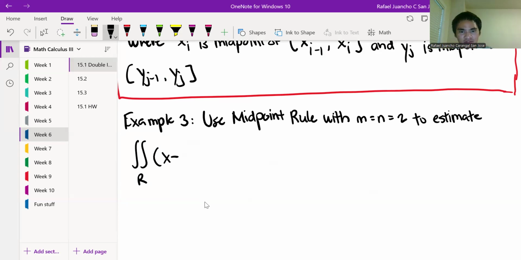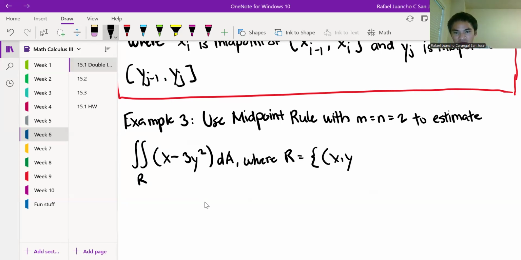And this is the function of 2 variables with respect to A. And we're going to look at what R is exactly. It's the rule that all points x, y, x is in between 0 and 2, y is in between 1 and 2. Right?